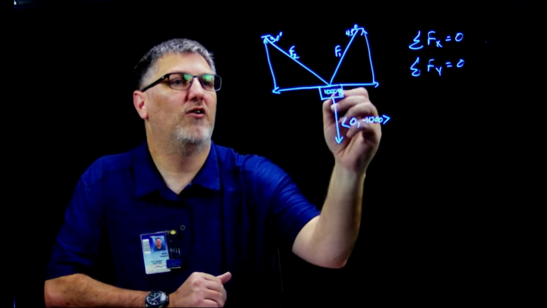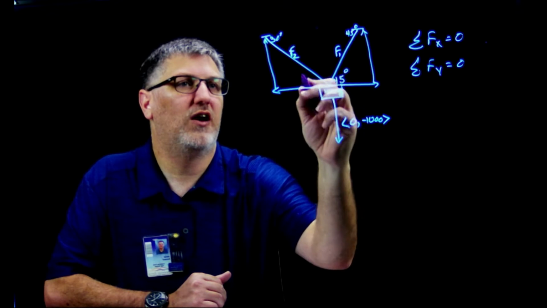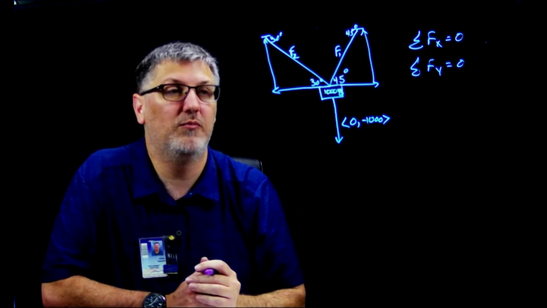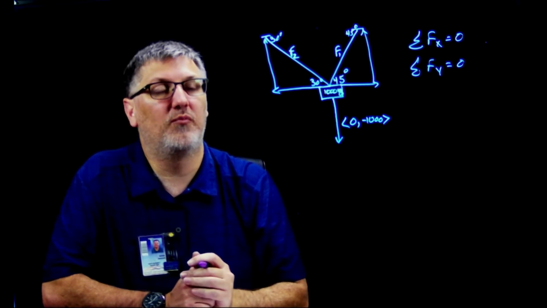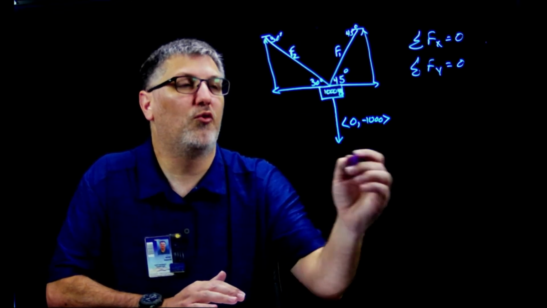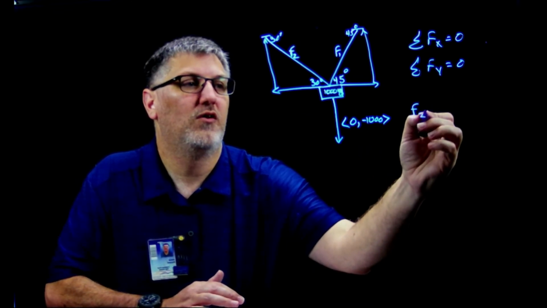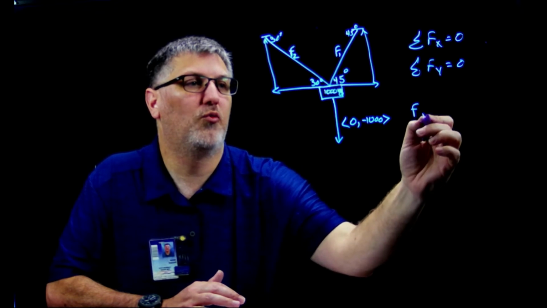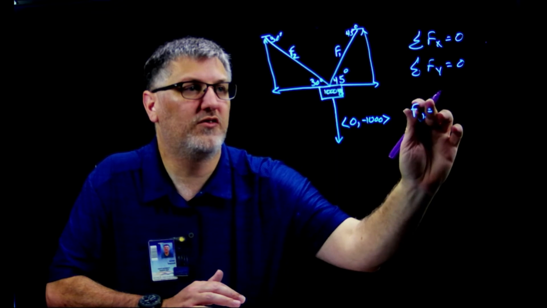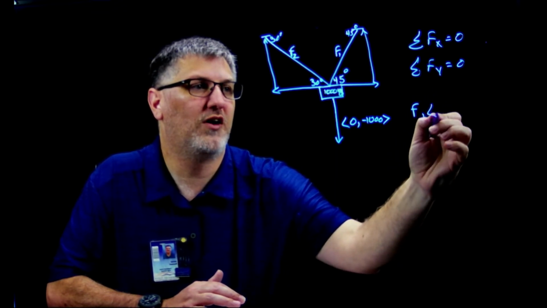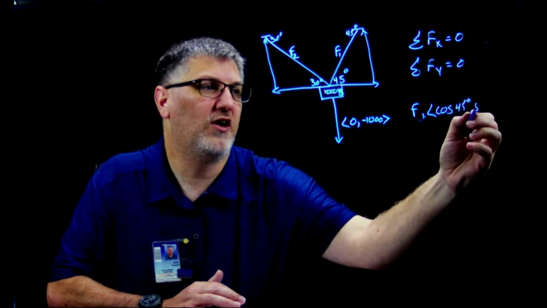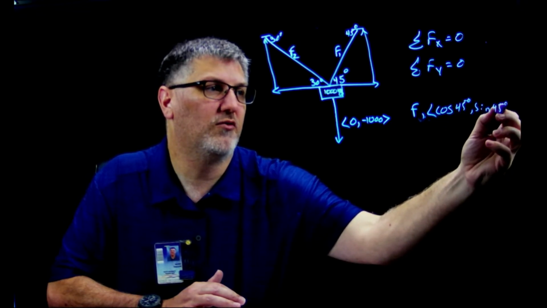All right. I know that this is 45 degrees. I know this is 30 degrees because a parallel line is cut by a transversal, from geometry. But when I set these vectors up, I want to make sure I use the correct angle so my signs are correct. So for force 1, my vector is going to be force 1 times cosine of 45 degrees, sine of 45 degrees.